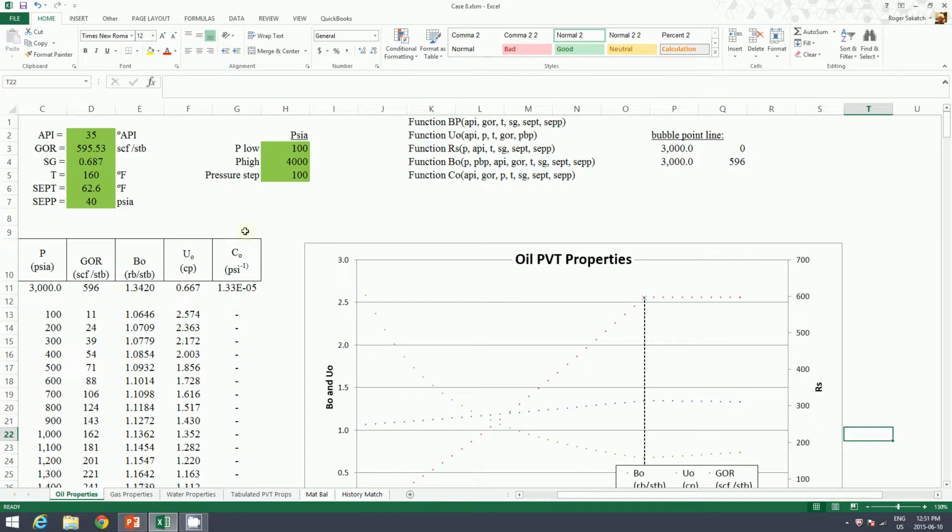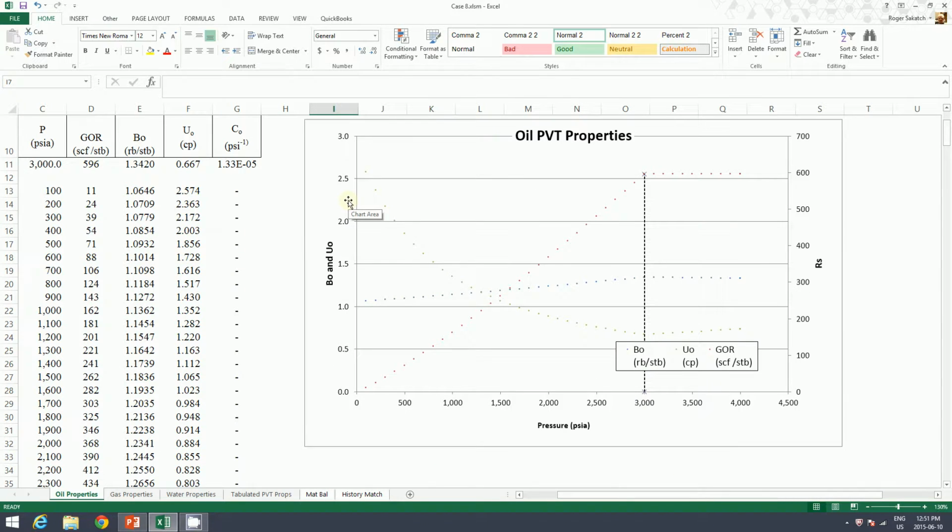We're modeling a 35-degree API oil with 595 solution GOR initially, 0.69 specific gravity gas, and 160 degrees reservoir temperature.